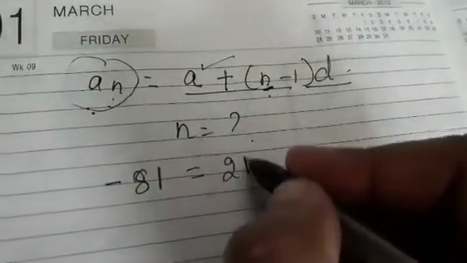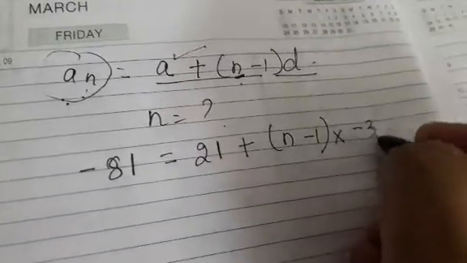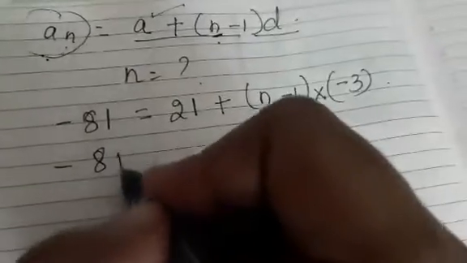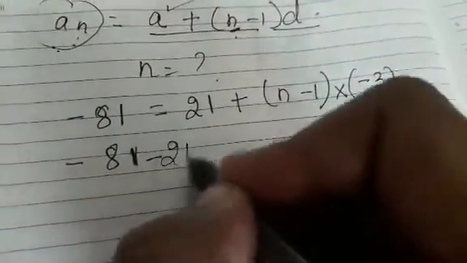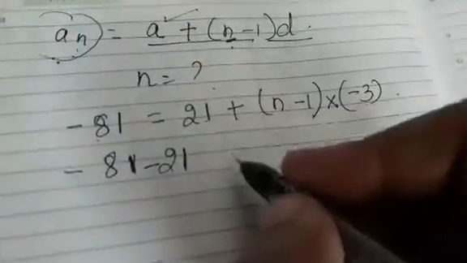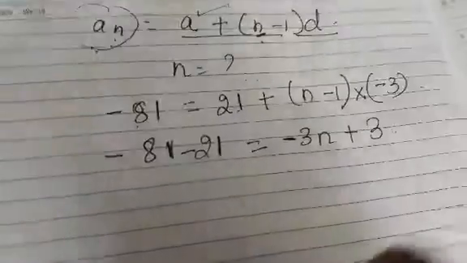What is a? a is given to us as 21, plus (n minus 1) into what is d? Minus 3. So minus 81 is equal to that. It will be minus 81 minus 21. Here I will get minus 3n plus 3.